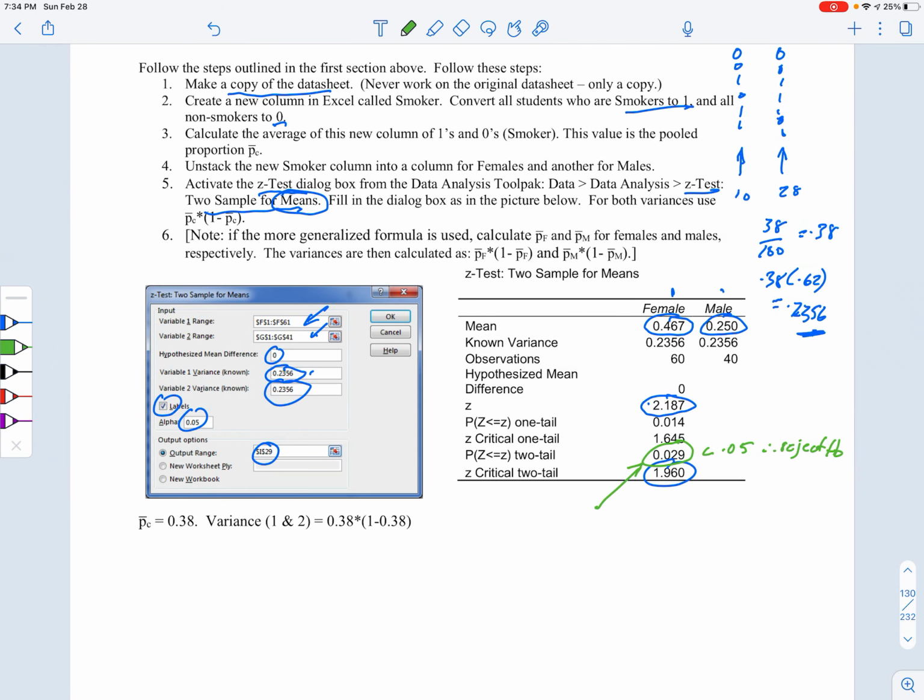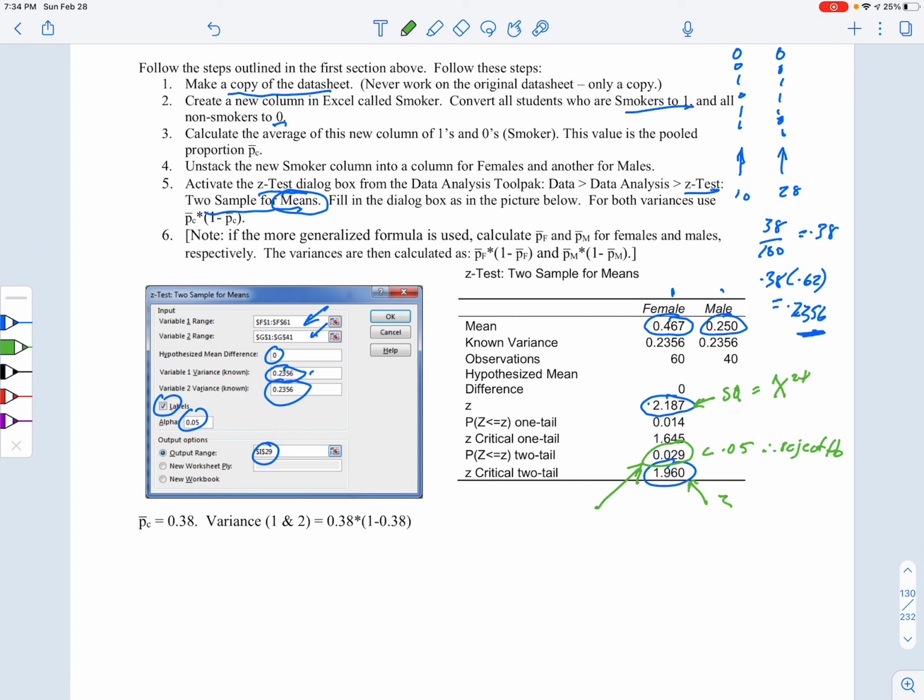p-value would be 0.029. It also turns out that this particular value here, if you were to square that, so 2.187, if you squared that, that's equal to the chi-square star value.